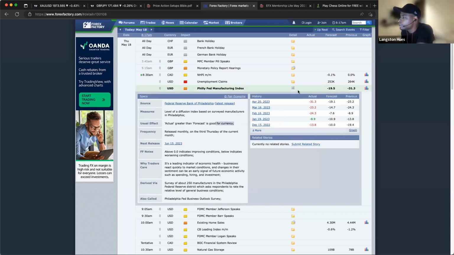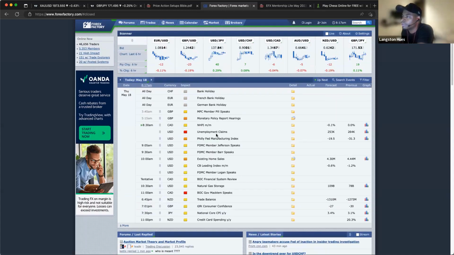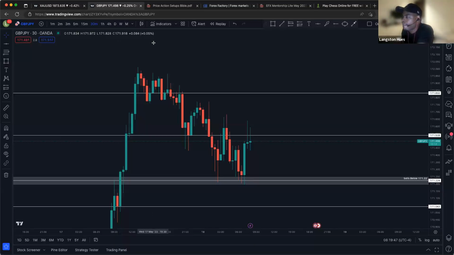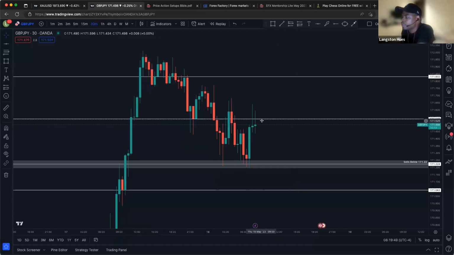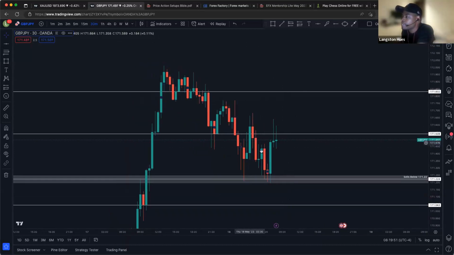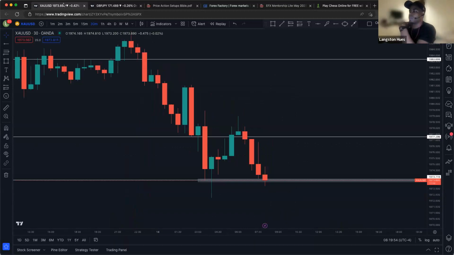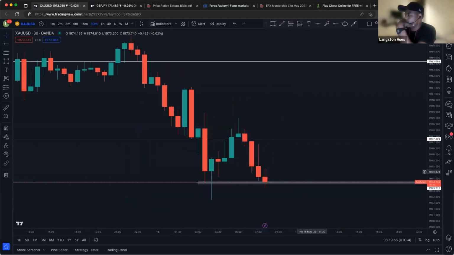Let's see. Still got about 10 minutes remaining. Gold rejecting, I mean, silver, gold. British pound rejecting here. Gold rejecting the downside.